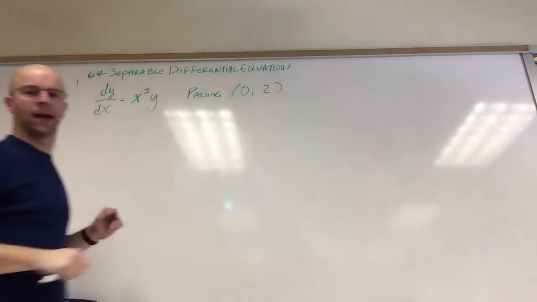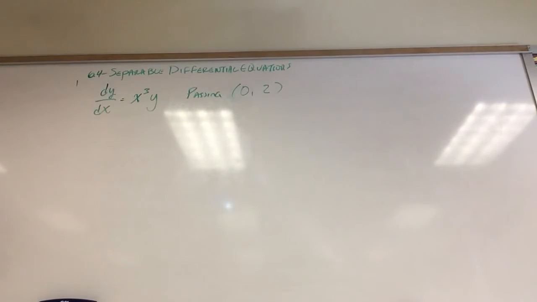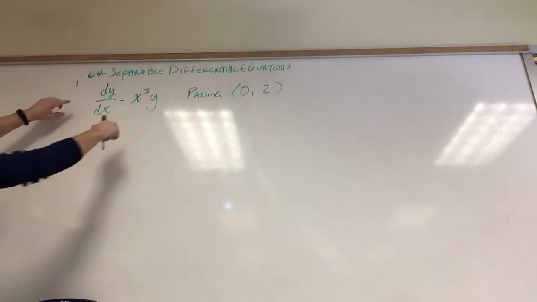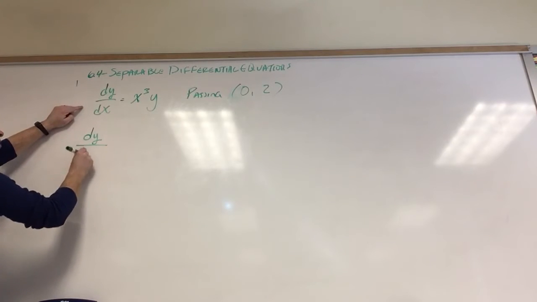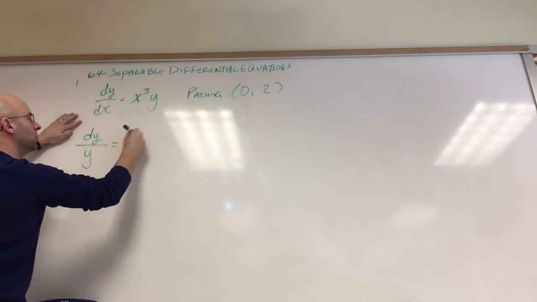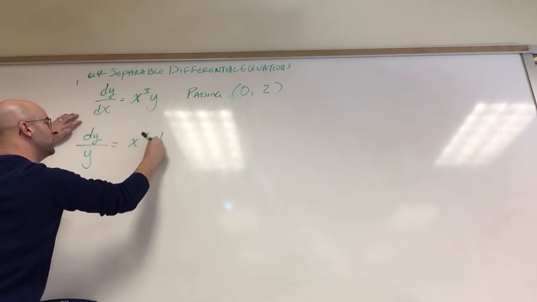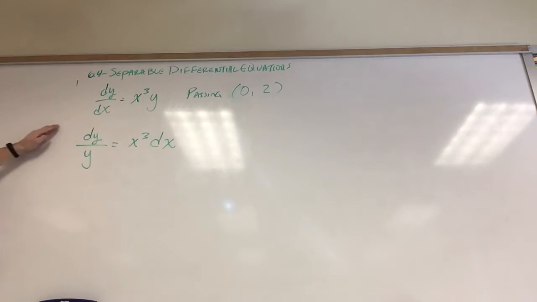All right. dy dx equals x cubed y, passing through 0, 2. Separate the variables. dy over y equals x cubed dx.